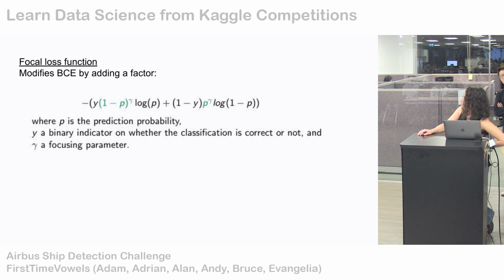And the little gamma that we have there at the power is just another parameter that you add to the model. The person that mentioned it said that he used something very close to 2. I don't know exactly why, but that was the parameter that he used.